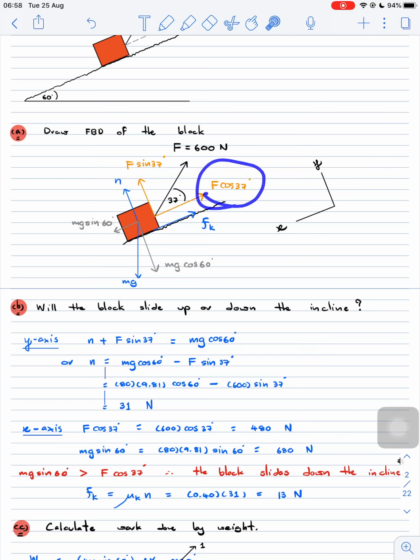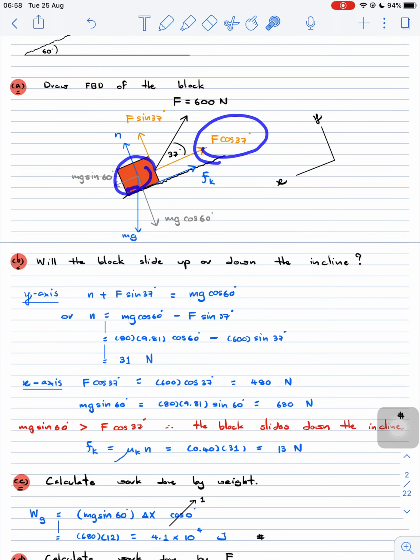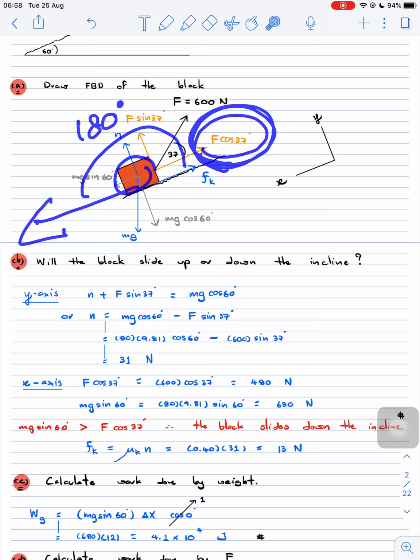But now here, the F cosine 37 degree, the object just moved down the incline, but this force is opposite to the displacement. It means that the angle between the displacement and this component of the force is equal to 180 degree.